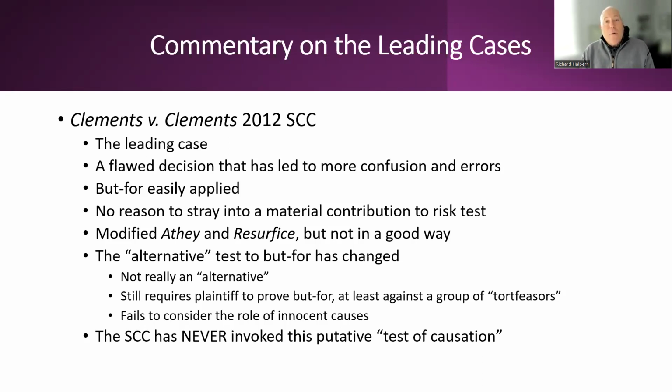The idea that corrective justice would operate where but-for fails is a much more difficult concept, because what is the basis for shifting the burden of loss to a wrongdoer whose act or omission has not been shown to be connected to the harm? It hasn't been proven, and it may not have caused the harm. The answer to that is, I think, beyond the scope of my talk today.